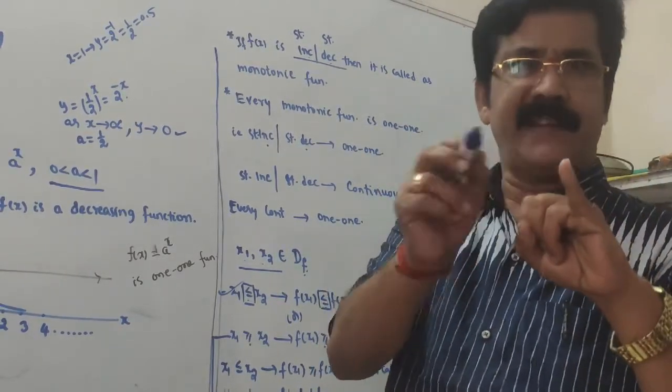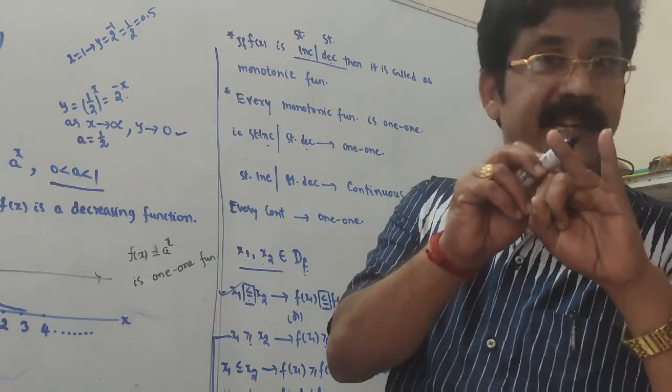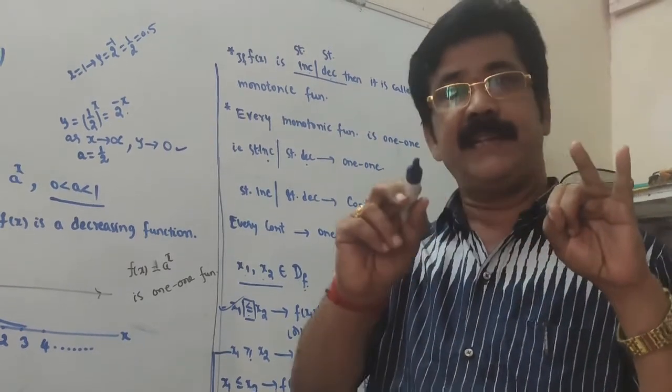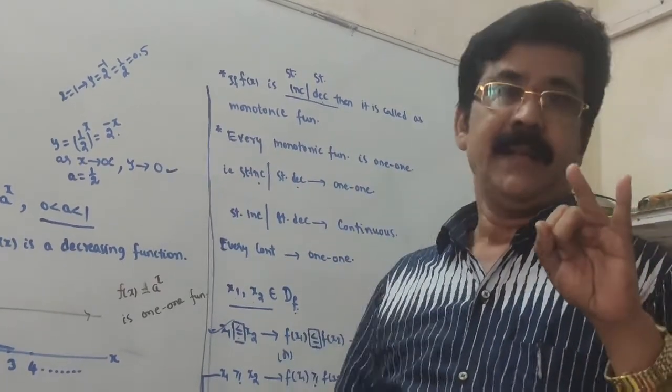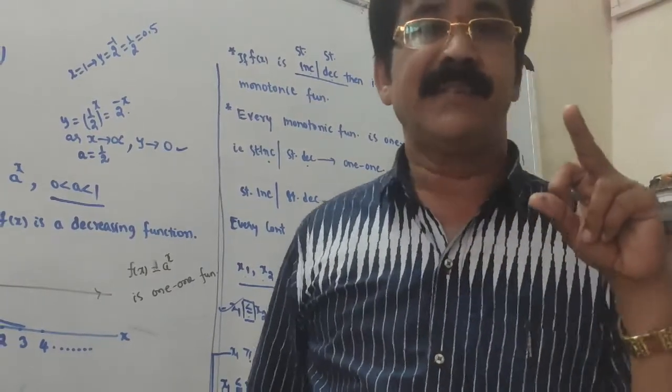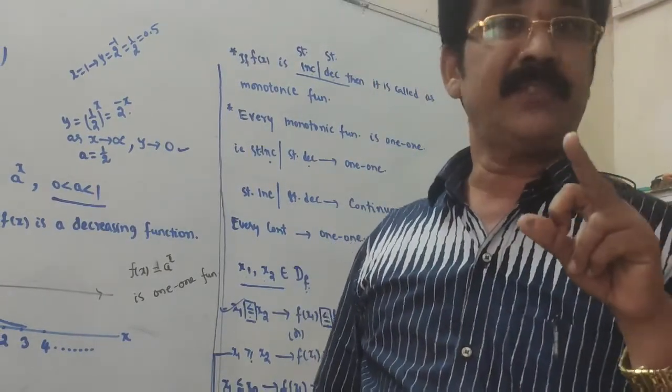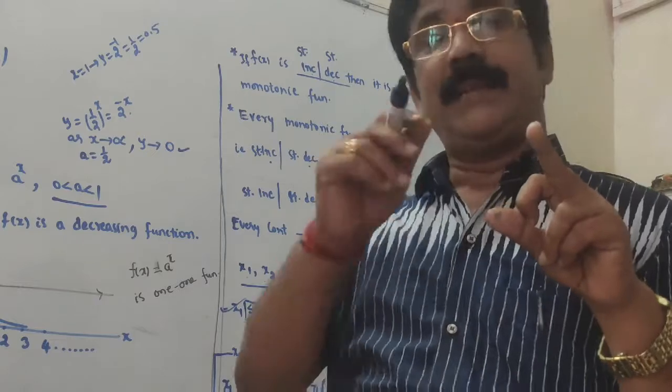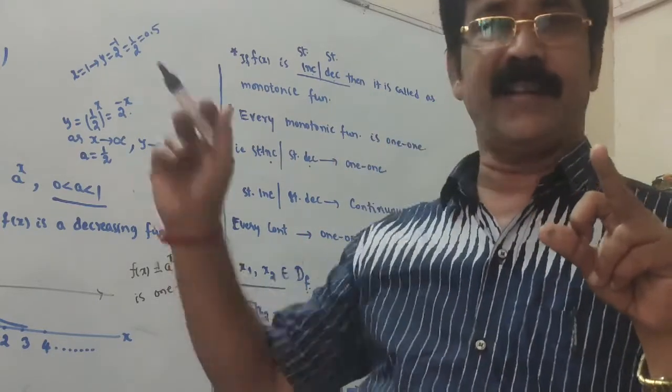If f is strictly increasing, or if f is a strictly decreasing function, bluntly say that it is a one-one function. If f is a continuous function, you can ask me, sir, how can we show that the given function is a continuous function? That is a different topic. It is in calculus.